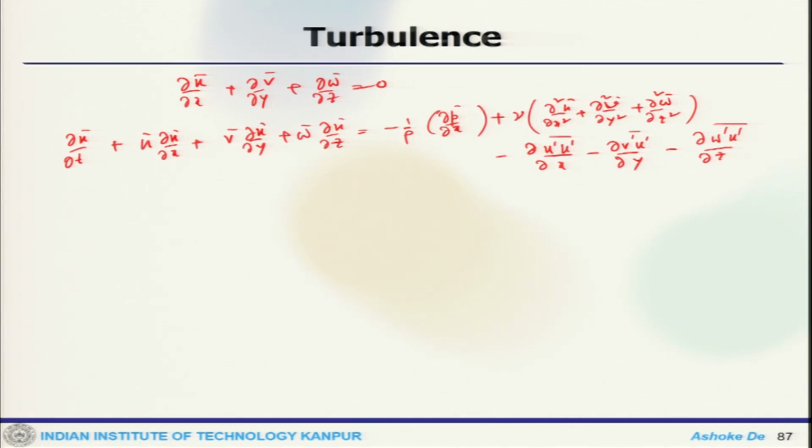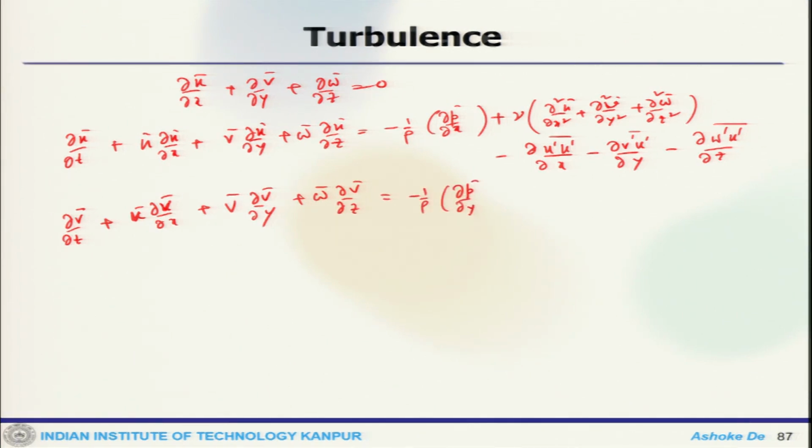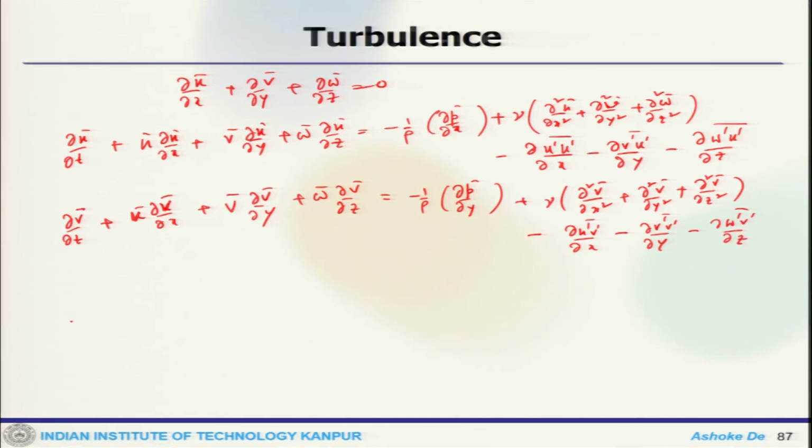Similarly, we can write it for y momentum, and that is del v by del t plus u del v by del x, v del v by del y, w del v by del z equals minus 1 by rho del p by del y plus nu times del 2 v by del x 2 plus del 2 v by del y 2 plus del 2 v by del z 2, minus the Reynolds stress terms, and the third one would be in the z momentum.